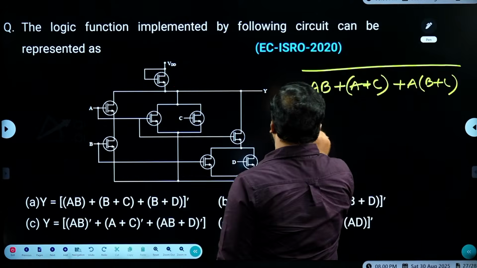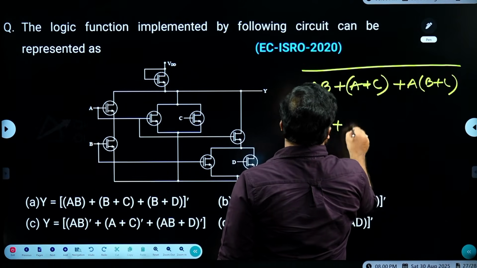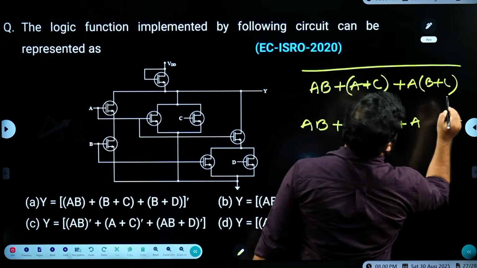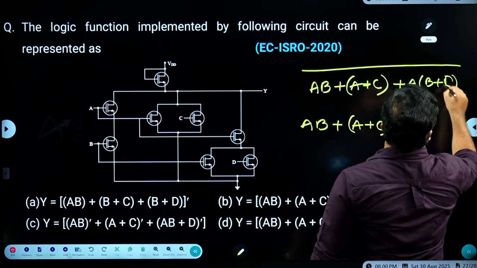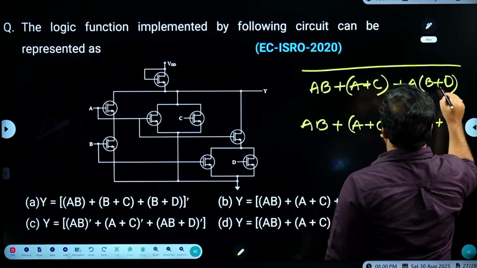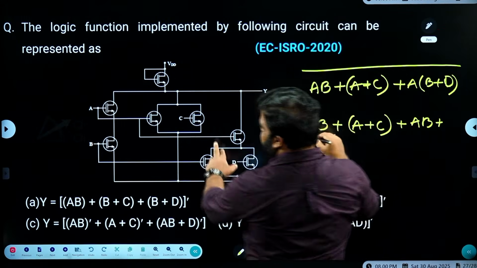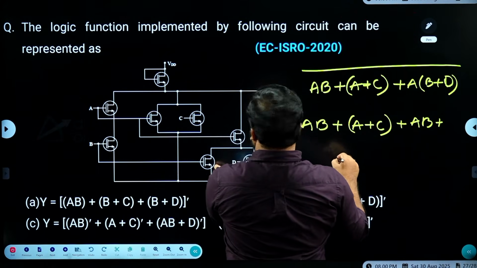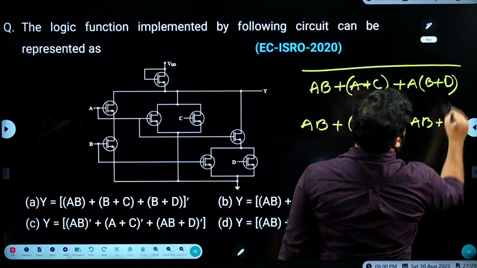So what we can say here? AB plus A plus C, right? Plus we can write here, it is A and with B plus D. So AB plus, just a minute, here it is A and with B plus D. So AB plus AD.